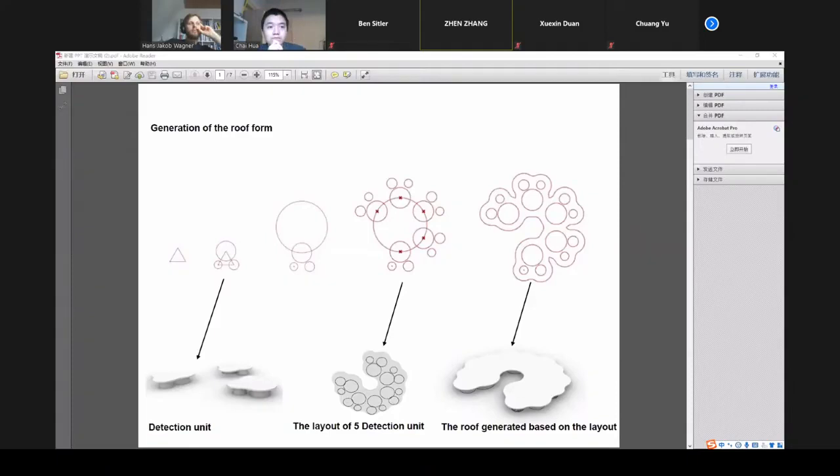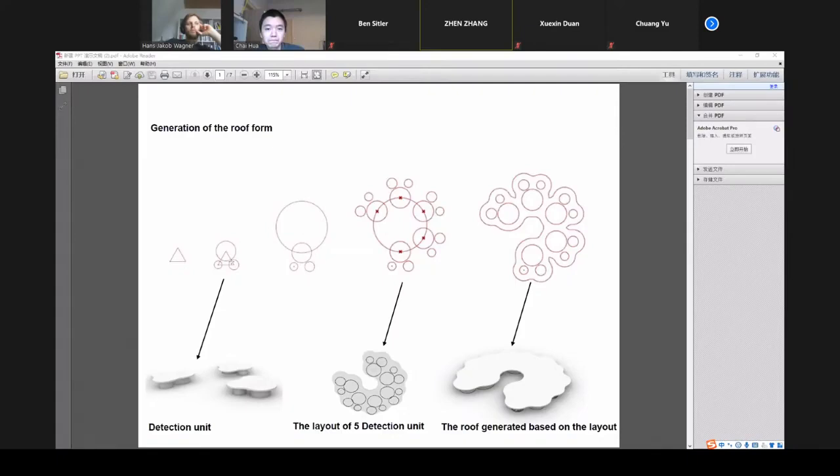And so we finally decided to use the detection unit like this. 3 circles. They are the 3 functions of the detection, and then we arrange the 5 units like this around the circle.